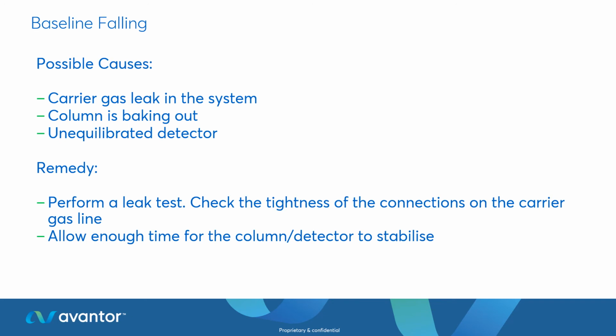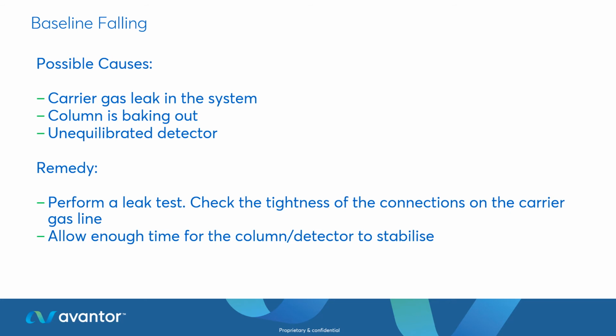Baseline falling can also be an issue. So with this one, it tends to be something associated either with the carrier gas and a loss of flow in the carrier gas, and this might be there's a leak. Could also be associated with a column that is baking out and we're starting to remove the excess of stationary phase, or it could be associated with an unequilibrated detector.